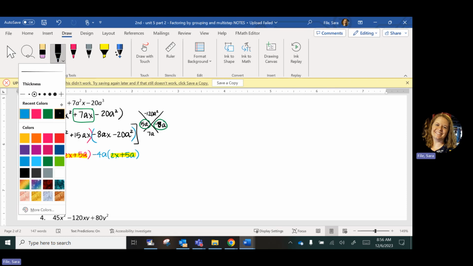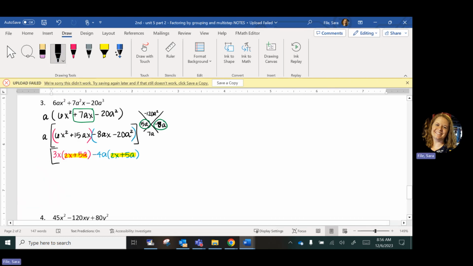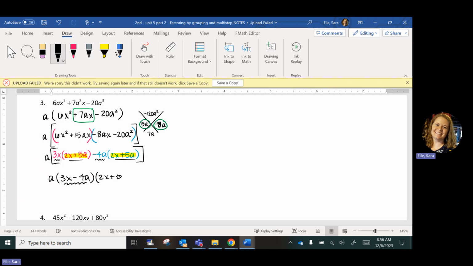That's a good sign. So I had all of that from the grouping, and I still have that a in front. So the a in front is still there. And then my new groups are the 3x minus 4a. And then from the one that came out the same, that's 2x plus 5a. Neither of those are squares or cubes or anything like that.